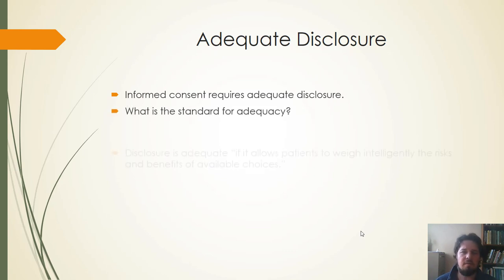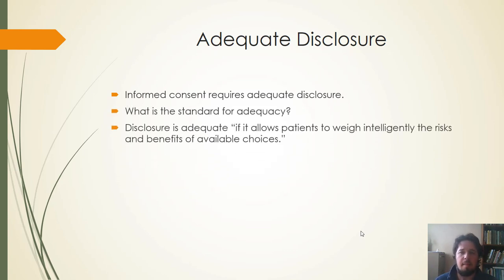What is the standard of adequacy? Usually disclosure is deemed adequate if it allows the patient to weigh intelligently the risks and benefits of the choices that are available. So they need to know just enough that they can actually weigh the risks and benefits of each kind of treatment.